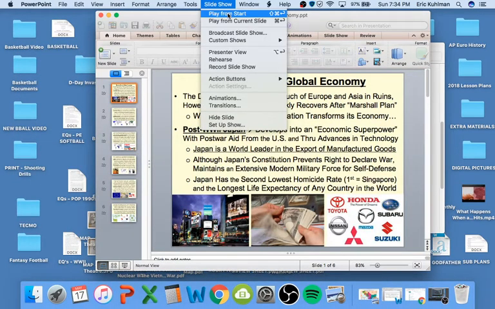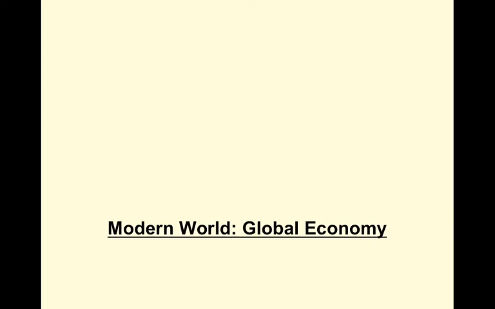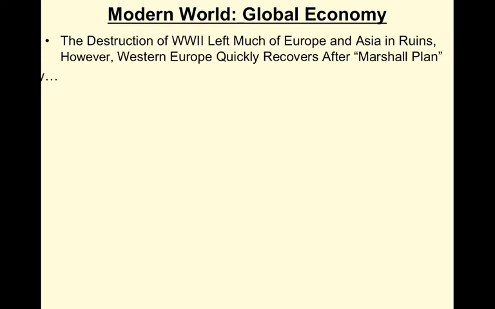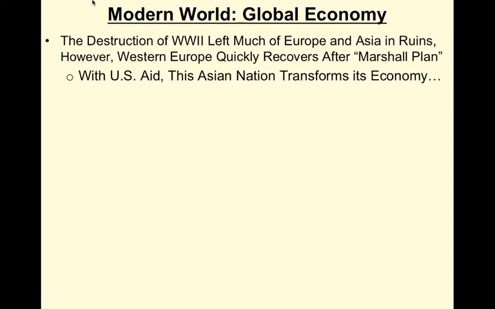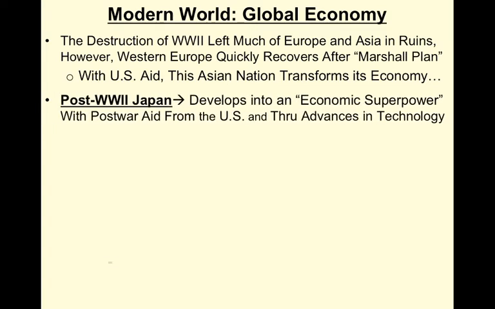Global economy. And we are going to start here in the post-World War II world in Asia. Now, we already looked at what happened in Europe and how Western Europe was able to recover because of the Marshall Plan, and how Eastern Europe had been under the influence of the Soviet Union as part of the Eastern Bloc. However, what we're going to look at here is Asia first, and this Asian nation that will become a leader in manufactured goods and is an economic superpower, and that is Japan.